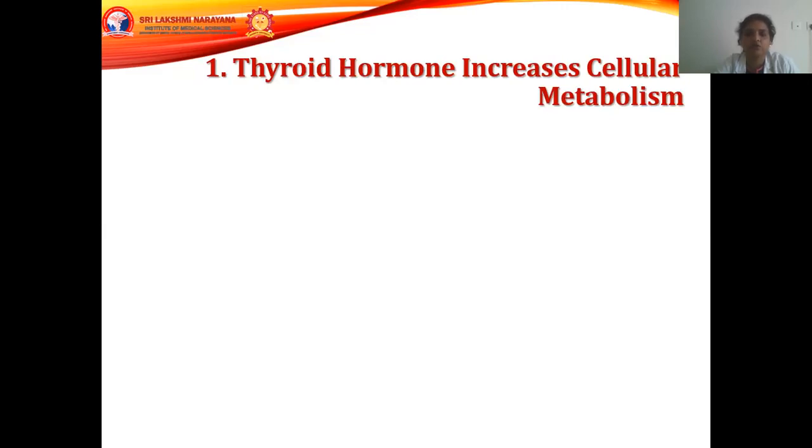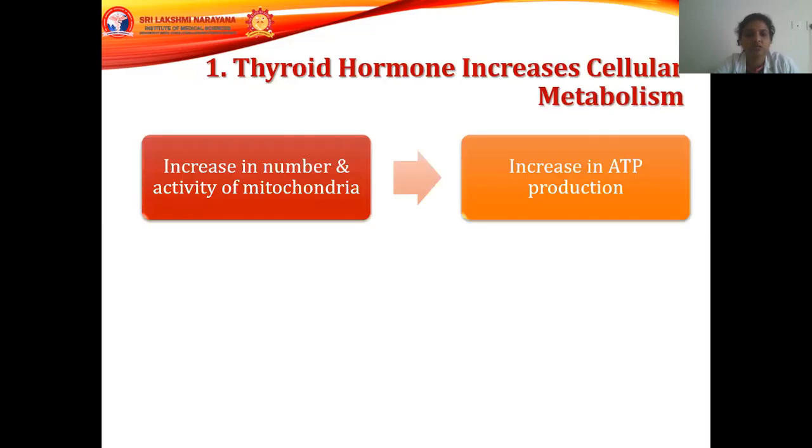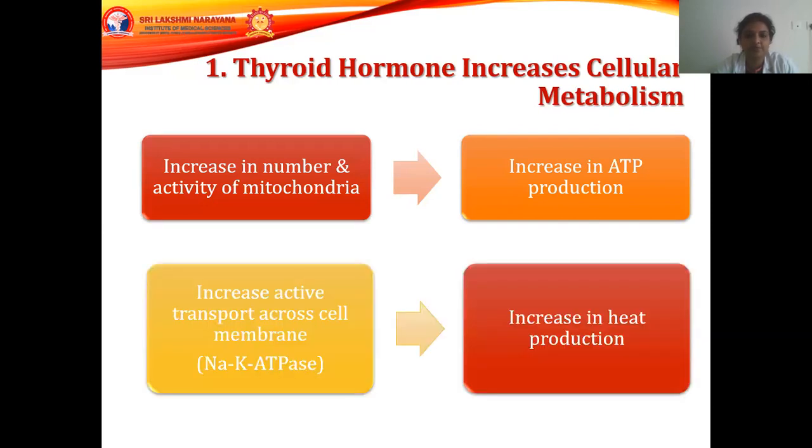Thyroid hormone increases the cellular metabolism. What does it do? It increases the number and the activity of the mitochondria, which are the powerhouse of the cell, and hence helps in increasing the production of ATP.